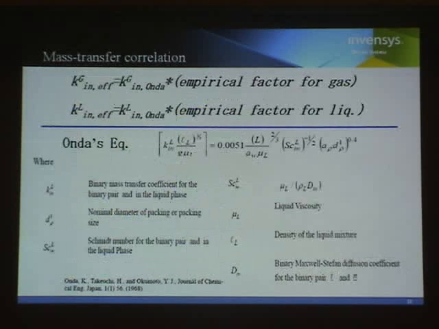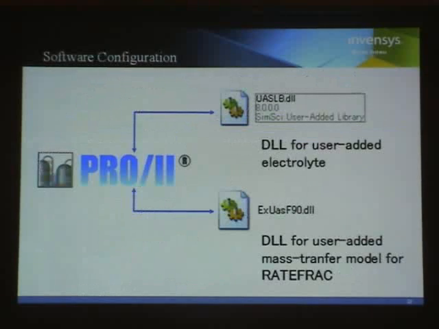The next slide shows our own mass transfer correlation. This is based on Onda's equation, and there are two empirical factors for gas phase and liquid phase. These electrolyte models and mass transfer model were implemented as DLLs, which can work with Flue.